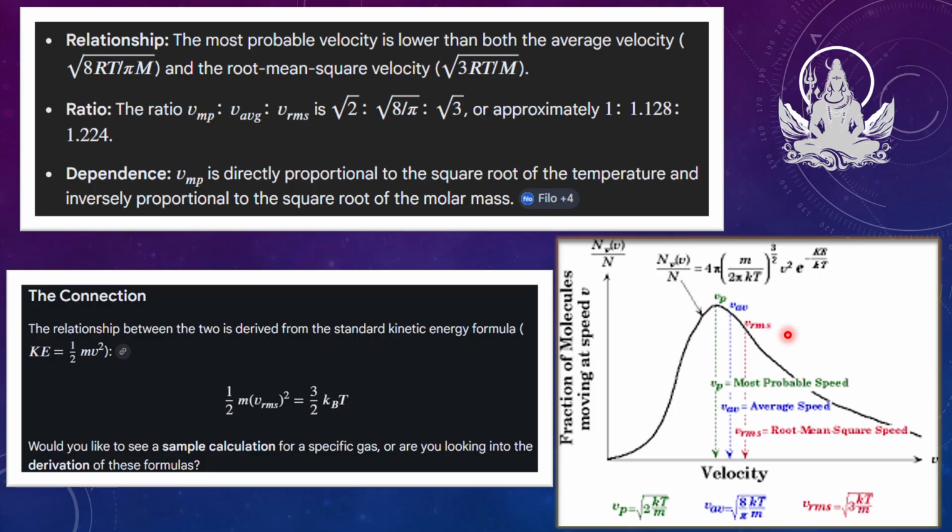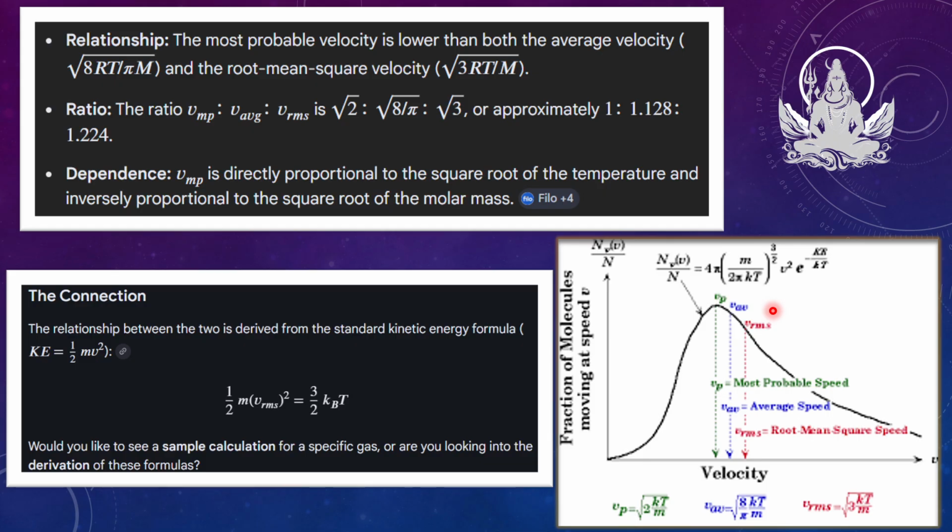So now a question that comes is, what are the relationships between root mean square velocity, average velocity, and most probable velocity? Or they can ask you, pointing this to be as A, this to be as B, and this to be as C, what is the relationship between A, B, and C?